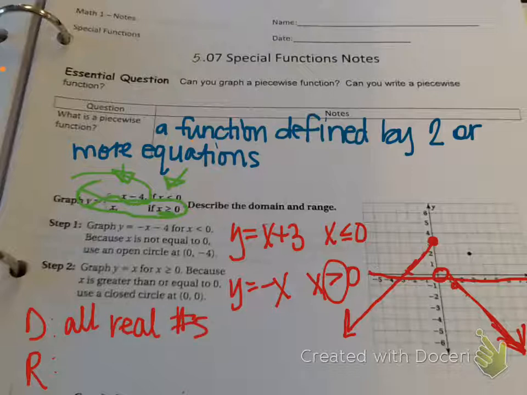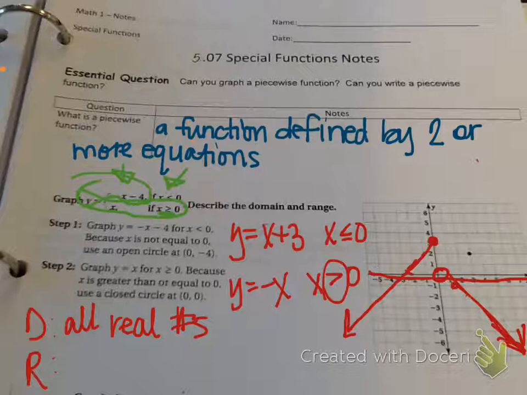And then my range is going in the negative direction. Both of my rays are going in the negative direction. So the very biggest number that I have is y equals 3.